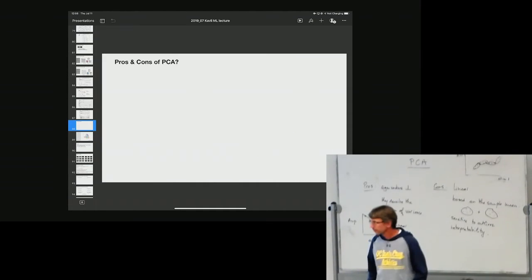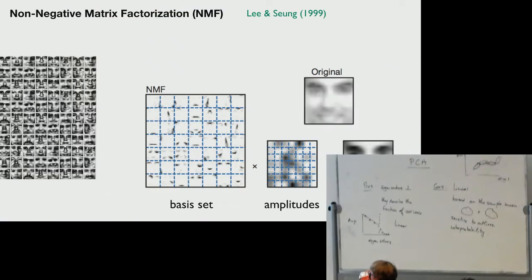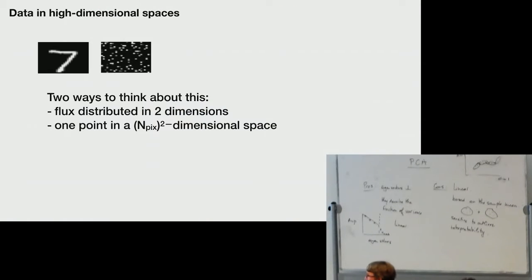All right, so we have the pros and cons of PCA. Okay, so this is the same data. We have done some reshuffling. When we do this shuffling of the pixels, we kill all the derivatives, so we are losing the smoothness property of the data.